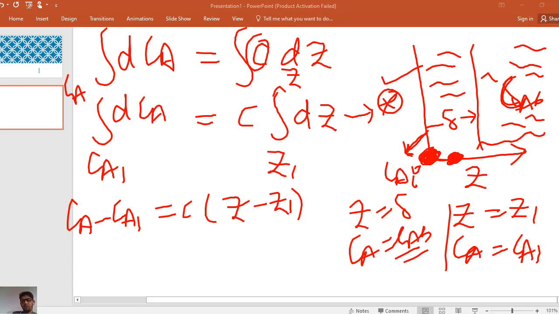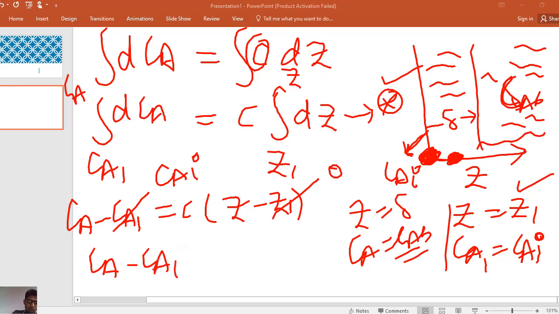So CA1 will be equal to CAI. So when z1 is equal to 0, the concentration CA1 is equal to CAI. So CA minus CAI is equal to C into Z.